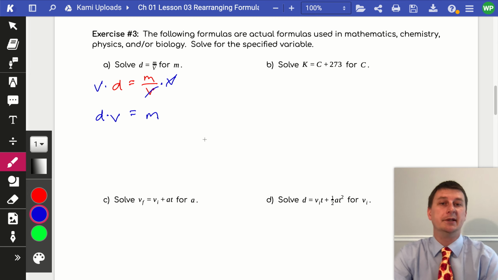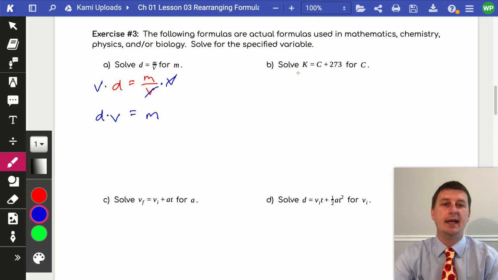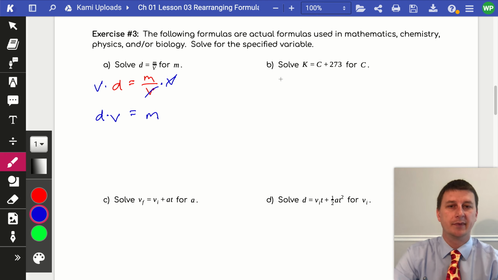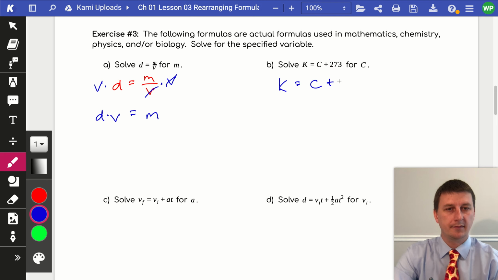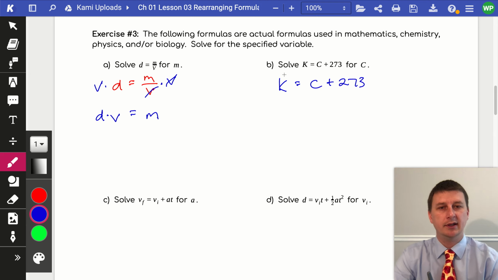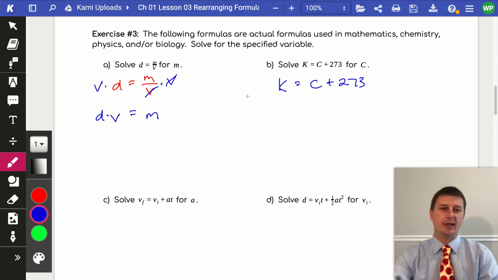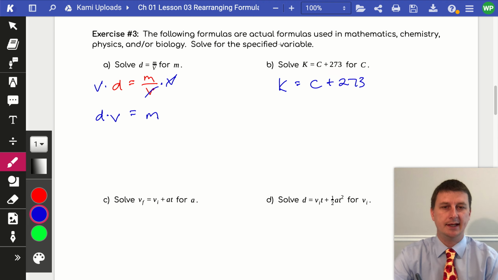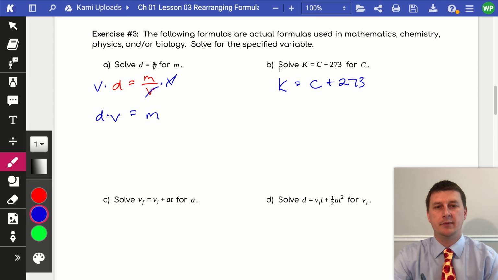I'm ready for part B, which says solve K is equal to C plus 273 for C. So just rewriting it here, I'm going to look at this formula and look at how I need to get the C by itself. And again, you may have seen this one from science already. This is our formula to convert degrees Celsius to degrees Kelvin.